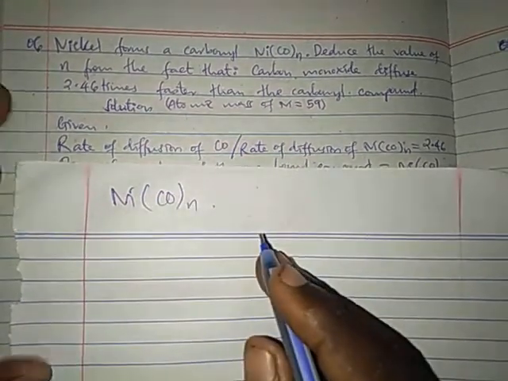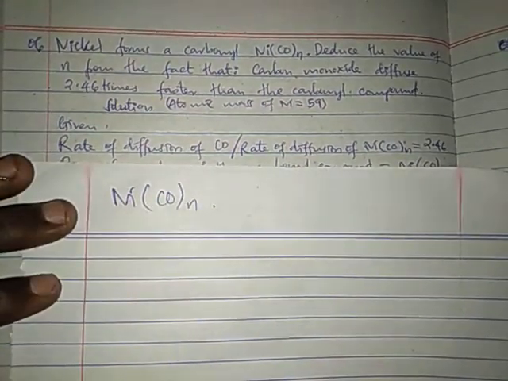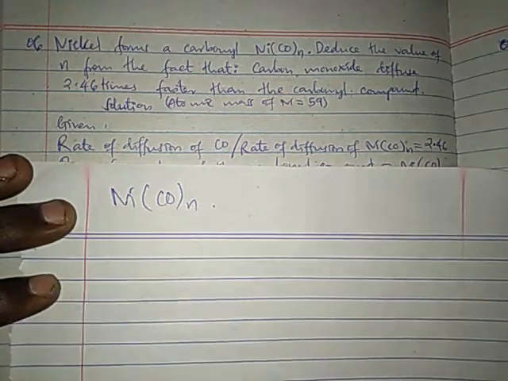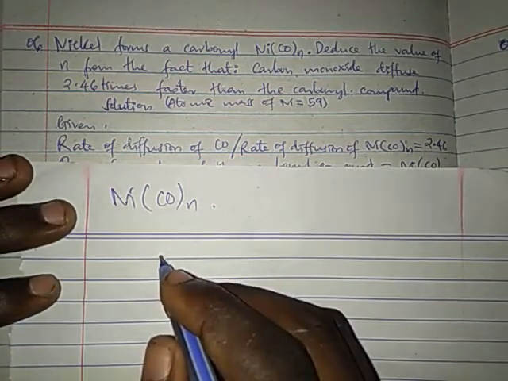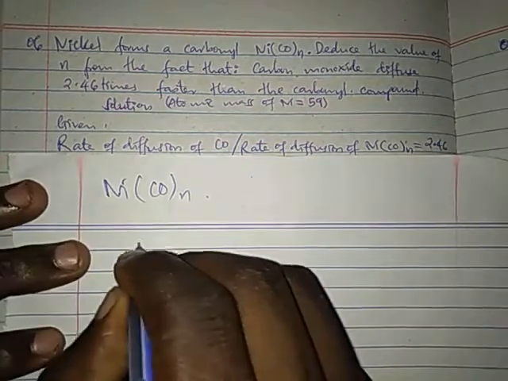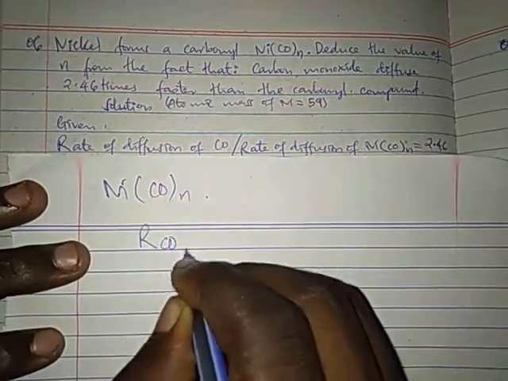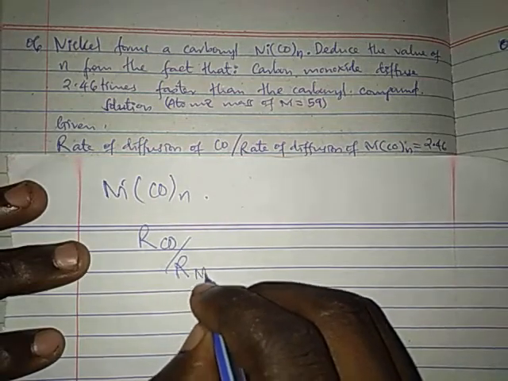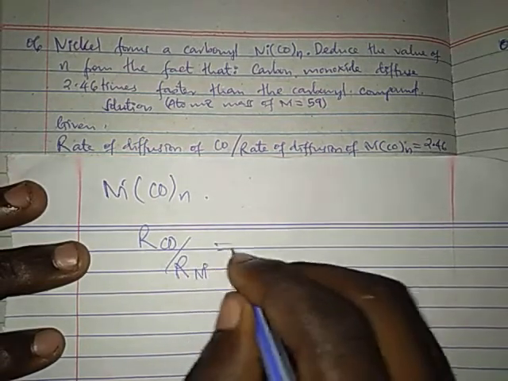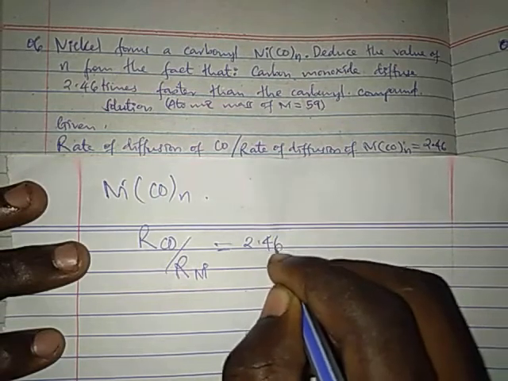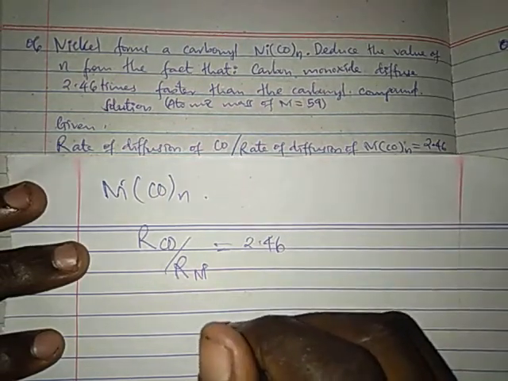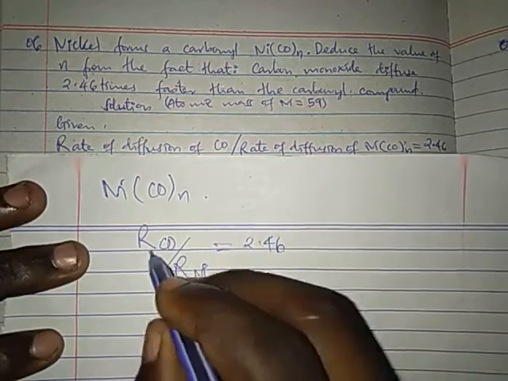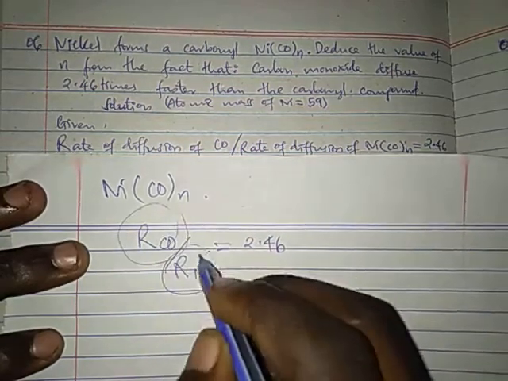Deduce the value of n from the fact that carbon monoxide diffuses 2.46 times faster than carbonyl compound. Manake nini? Rate of diffusion of carbon monoxide divided by rate of carbonyl compound, that is nickel, is equal to 2.46. Unapoambiwa diffuse 2.46 times faster, manake rate ya carbon monoxide ndio kubwa kuliko ile.